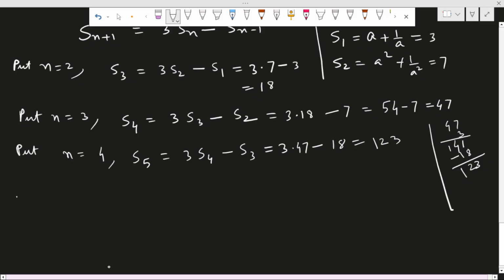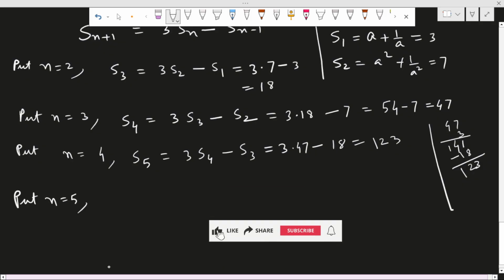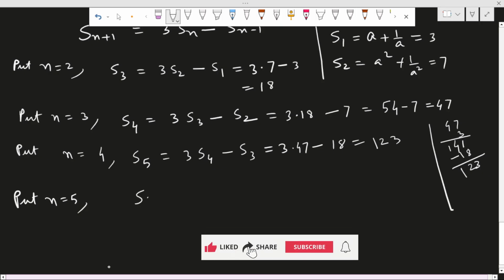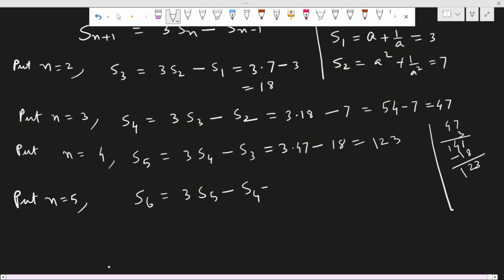Now put n is equal to 5. What we have is S6, that is equal to 3 S5 minus S4, that is equal to what? 3 times S5, which means 123, minus S4, which means 47.